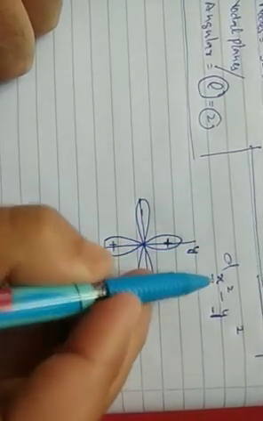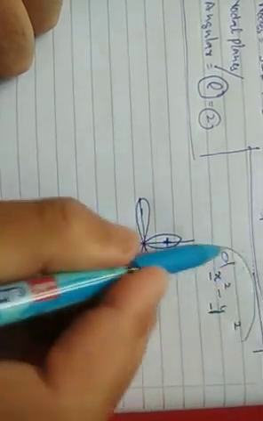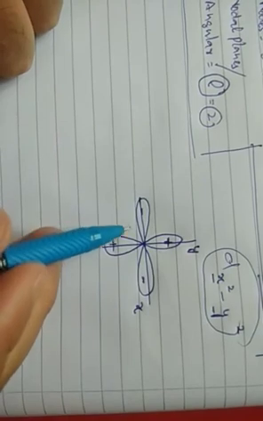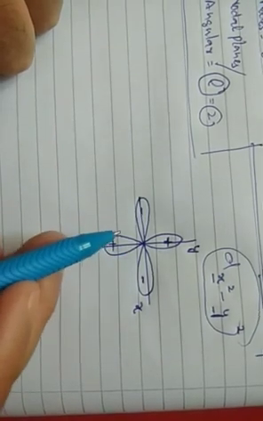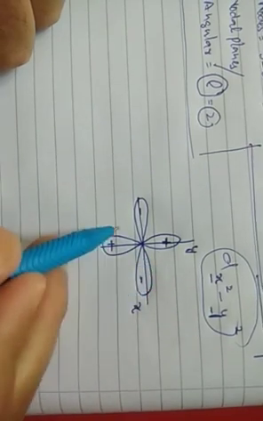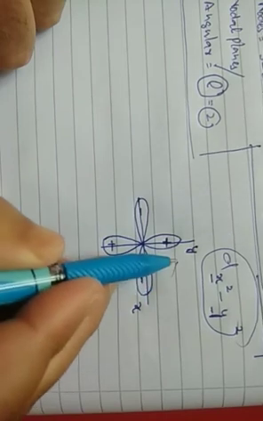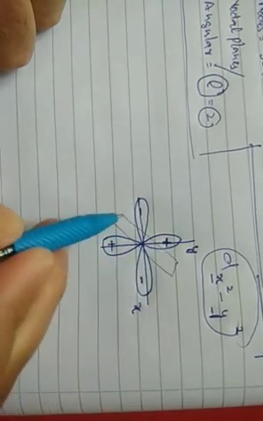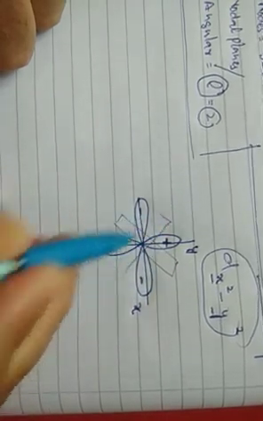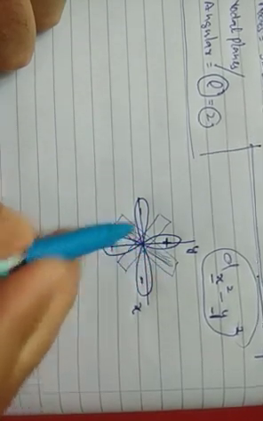That's why it's called dx square, and this is dy square. So this is dx square minus y square, and it has no radial node, but there are two nodal planes here which are perpendicular to each other. This is one nodal plane, this is another nodal plane.